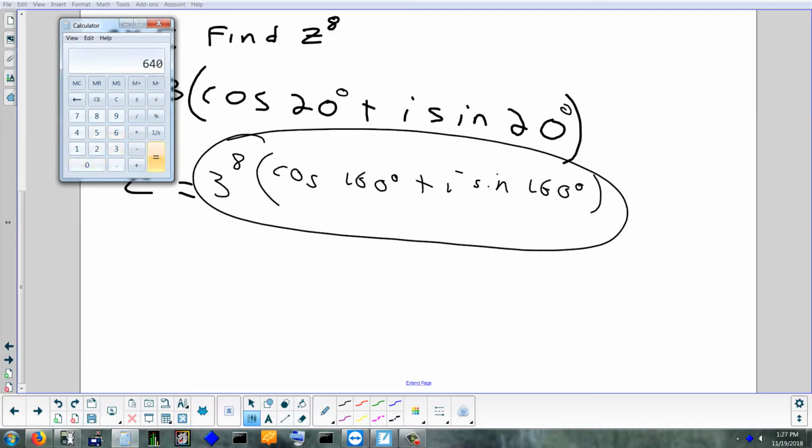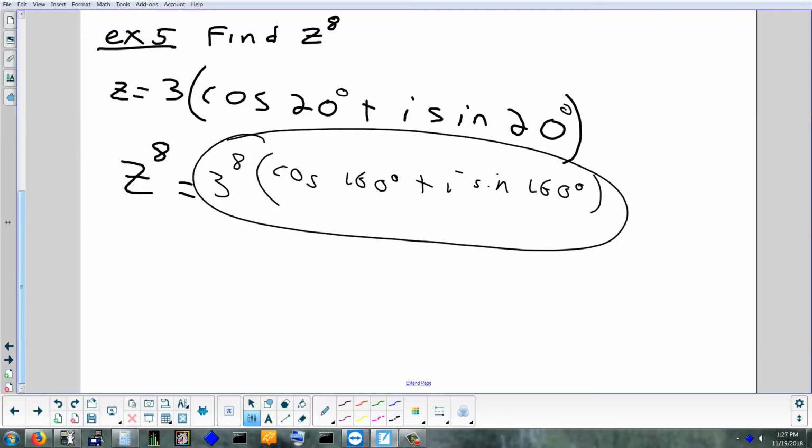If you get an angle that comes out bigger than 360, you can subtract 360, and you can do it again. So if the angle comes out too big, just subtract 360. Okay, any questions on that? So multiplying in polar, dividing in polar, powers in polar.